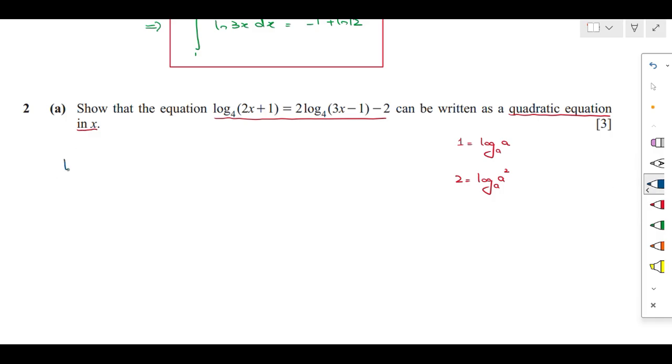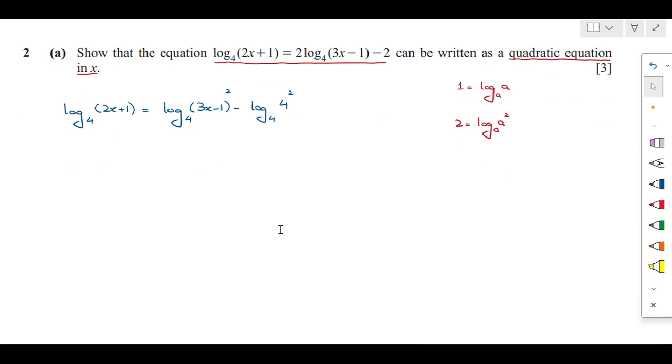So this would be log 4 of 2x plus 1 equals log 4, apply the power rule, of (3x minus 1) to the power 2, minus, how do I write this 2? So this is log base, I want to fix as 4, because 2 is log 4 of 4 to the power 2. So the base and the argument of the log are the same, right?